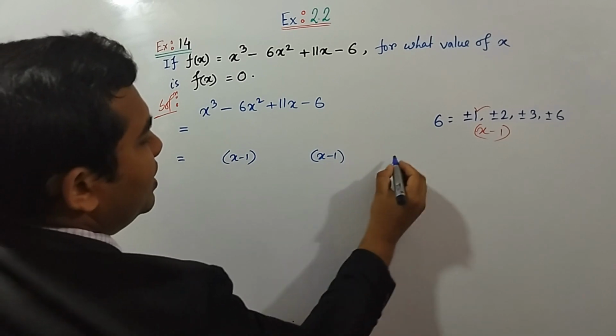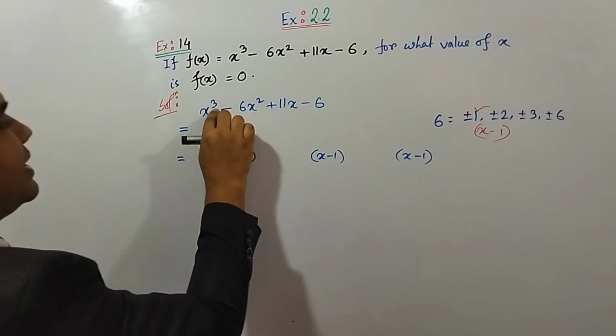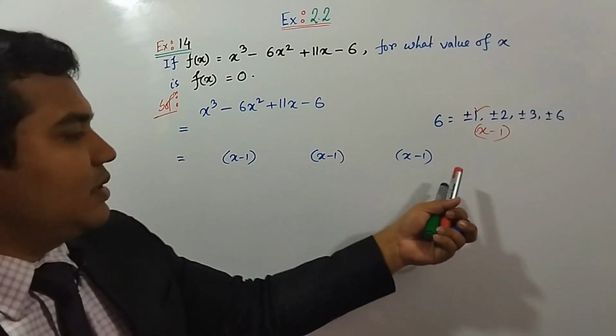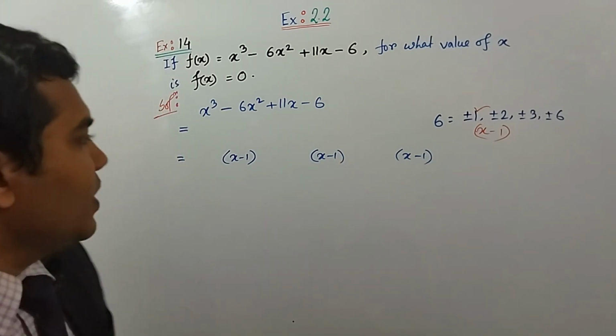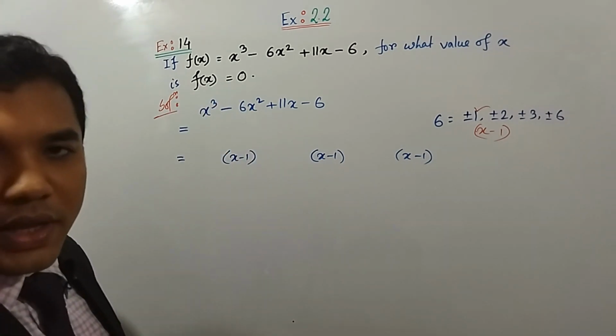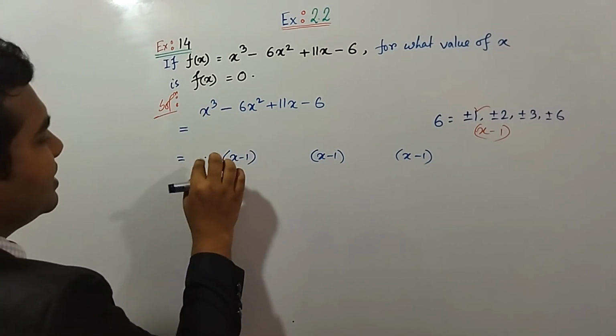Since it is a cube, we will get 3 values. So first, we have to match x cubed by multiplying something with x.